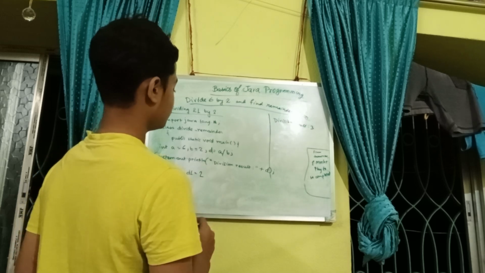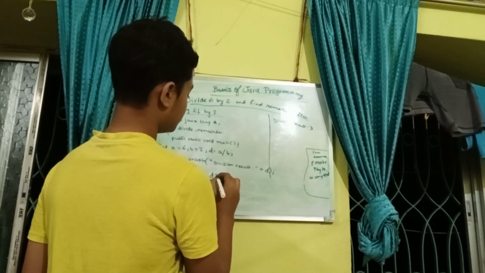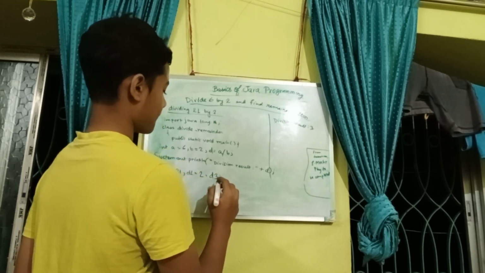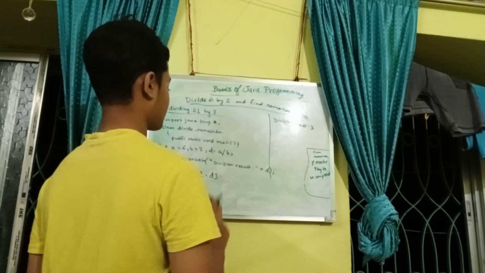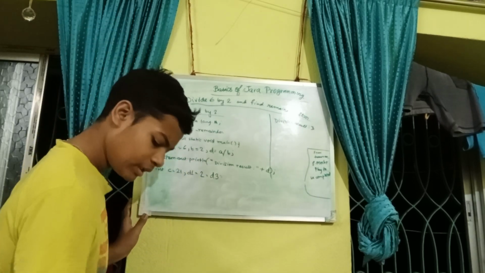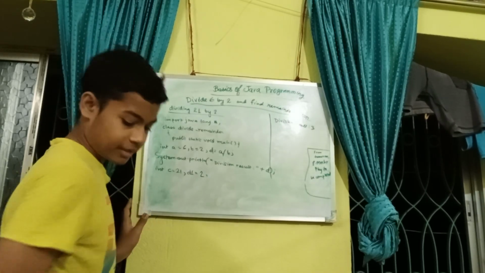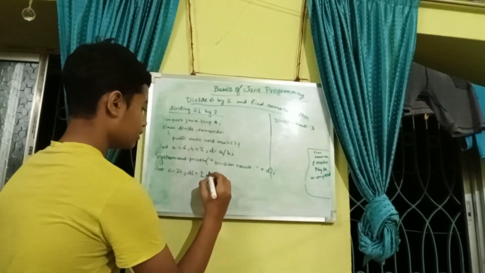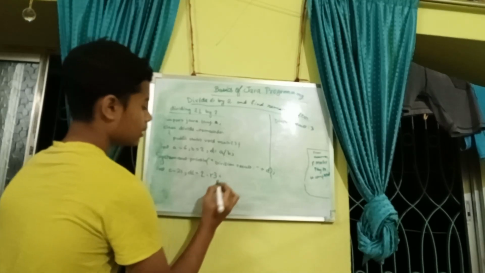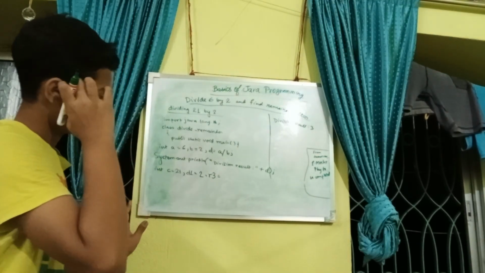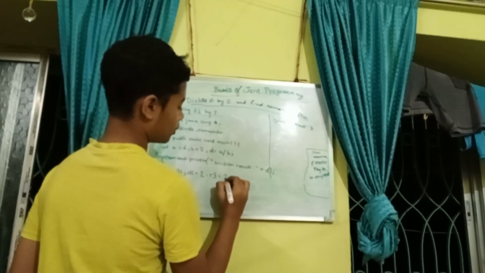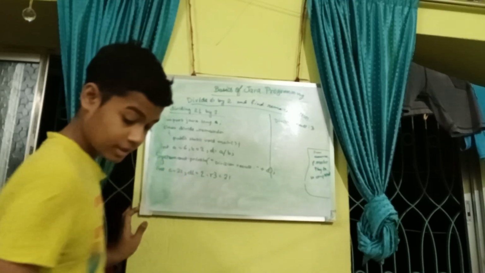You initialize D1, and in D3 you will take out only the remainder. To take out the remainder we need to use the modulus sign.